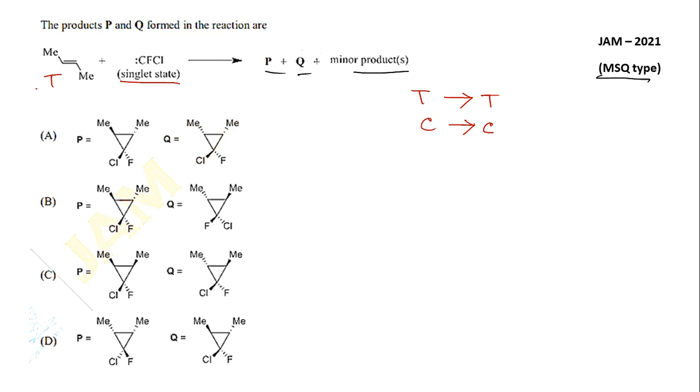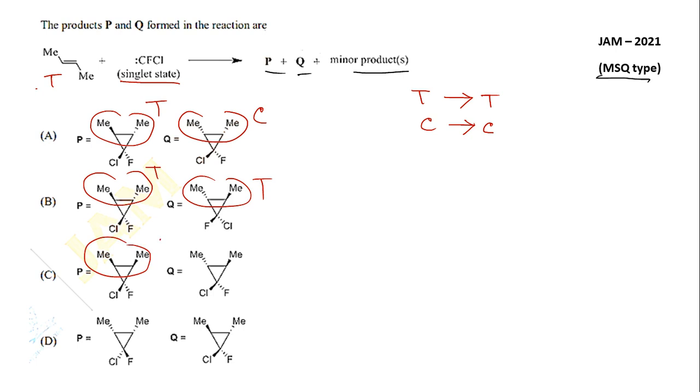Now just based on this information, look at the options. Here this is trans, this is cis; option B trans, trans; option C cis, trans; cis, trans. So just on the basis of this, because this is a mixture, it is only option B where you are getting both P and Q as trans.